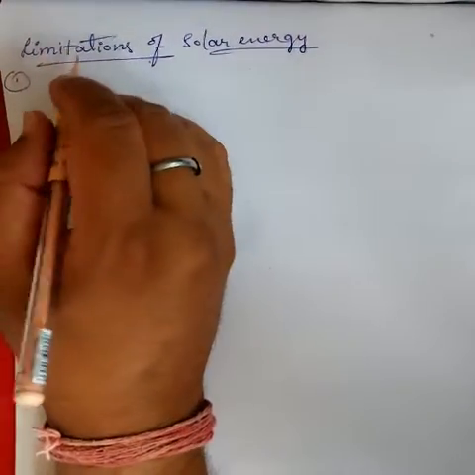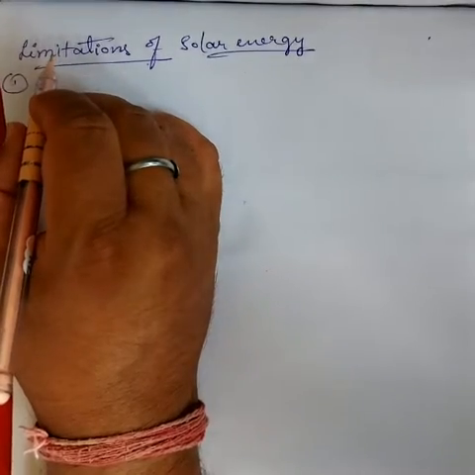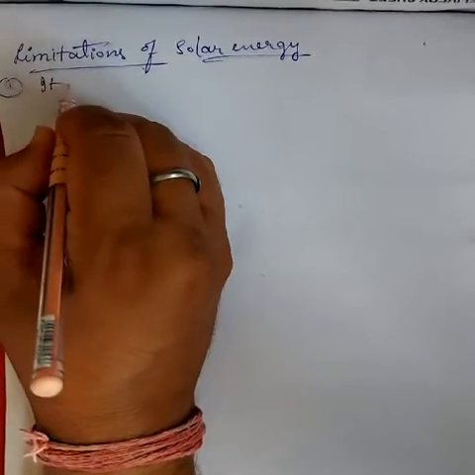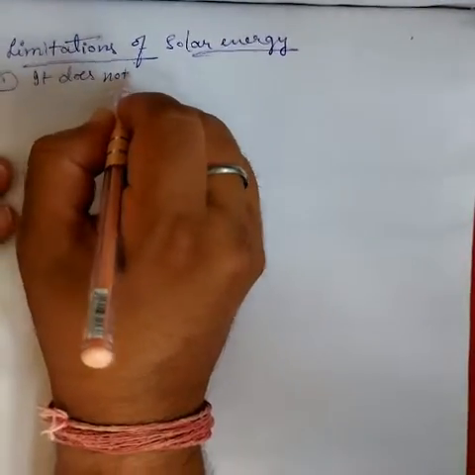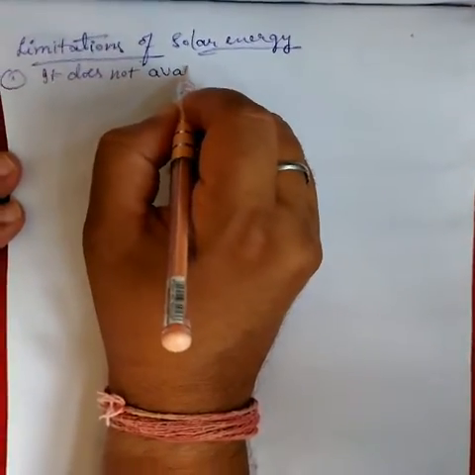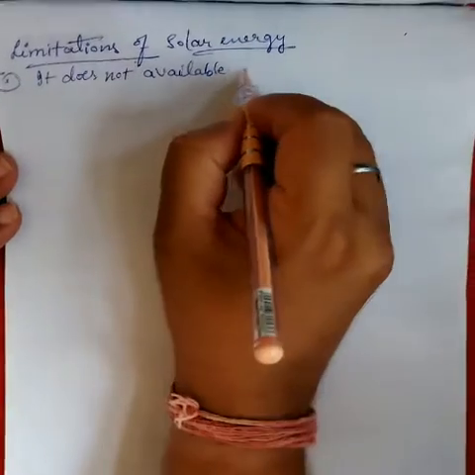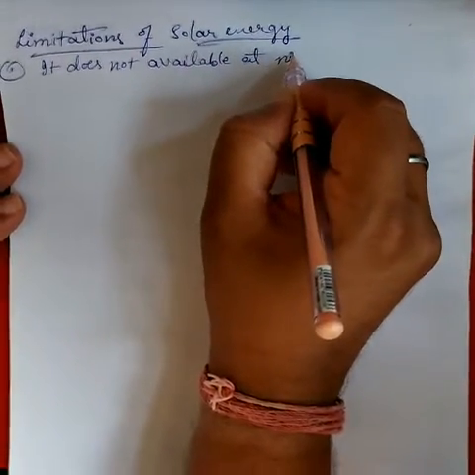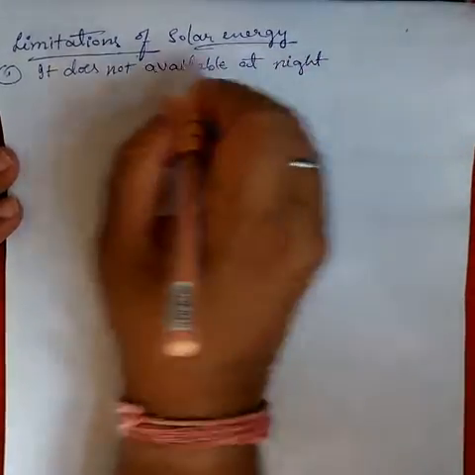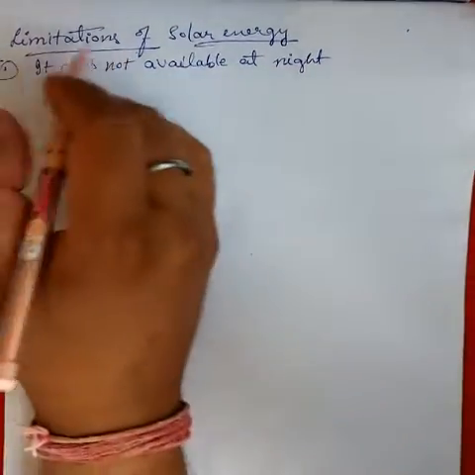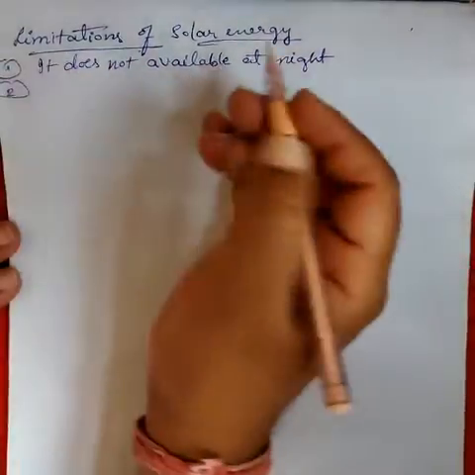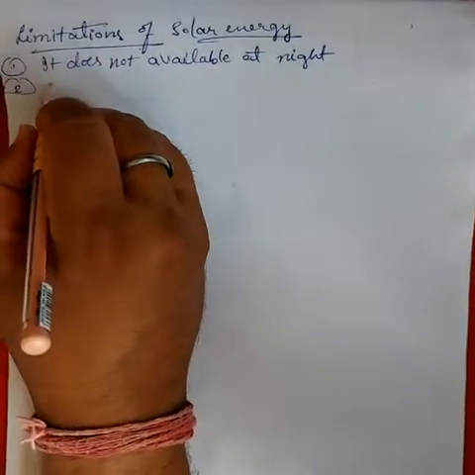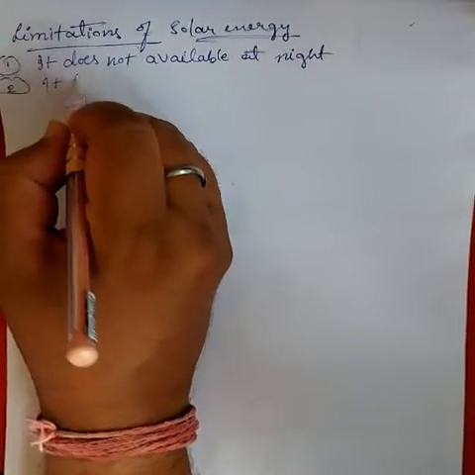First, what are the limitations? It is not available at night. Solar energy is not available at night, and it does not work at night. That is one of the disadvantages.